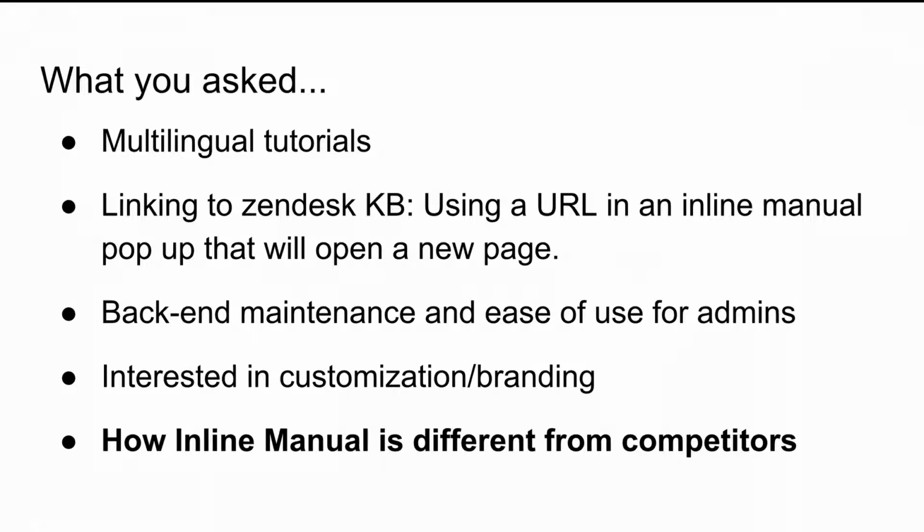And I've shown you how to create a custom URL from the topic title. And we looked at the backend maintenance and what it's like for administrators. And of course, you saw customization and branding. And in terms of how Inline Manual is different from competitors, Merrick, I wondered if there's anything you wanted to add about how Inline Manual is different from competitors.